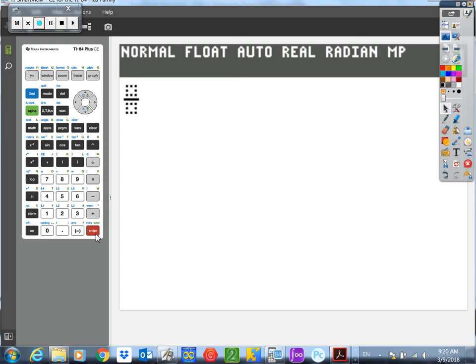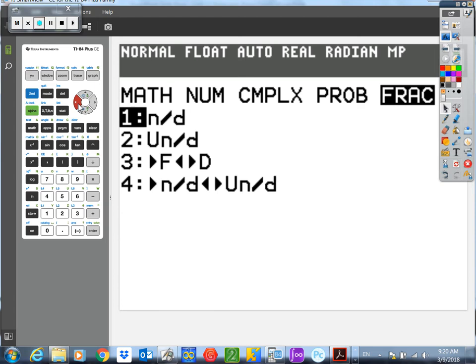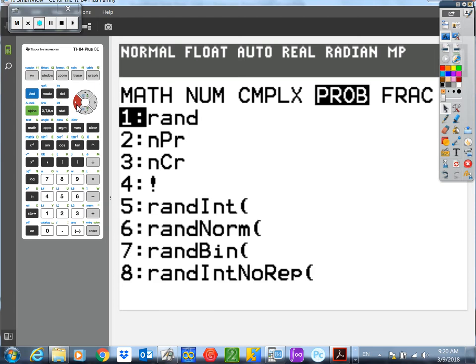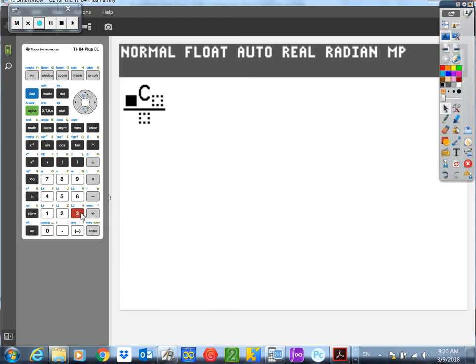Now my calculator does have the new operating system, but it doesn't look like this. For this operating system, I can just do math, probability, and pull down that probability, and it gives me boxes to put numbers in. On my calculator, I don't have boxes.